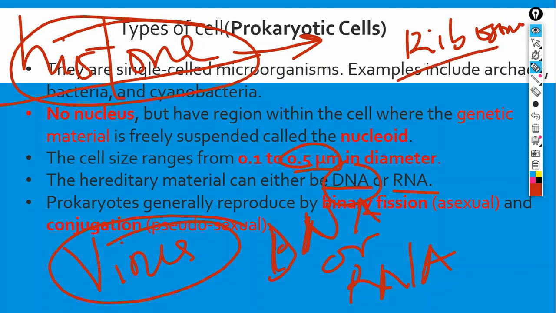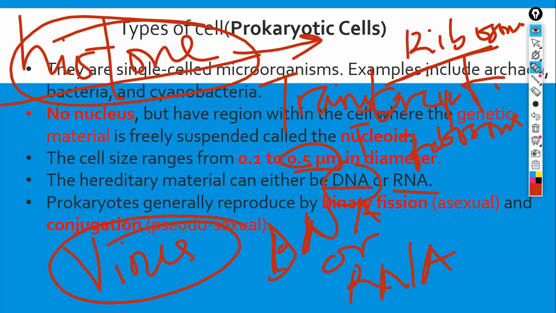So ribosomes are basically produced by RNA. You know about transcription and translation, right? Transcription is where DNA is turned to RNA, and translation is where RNA is used to make protein, which happens in the ribosome.